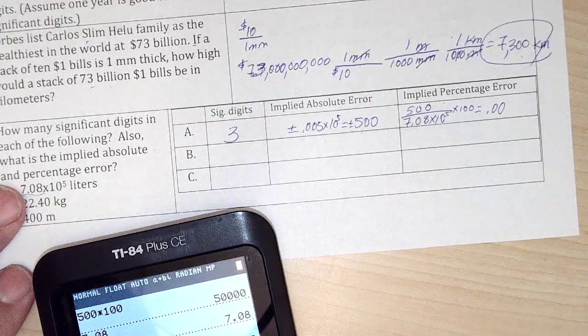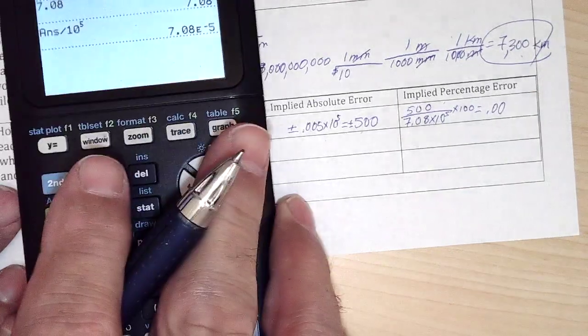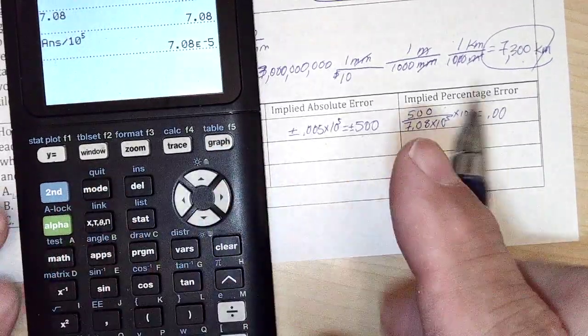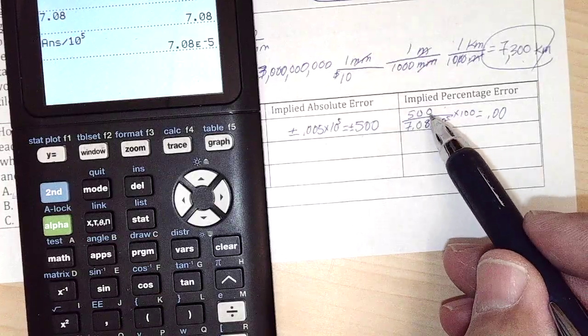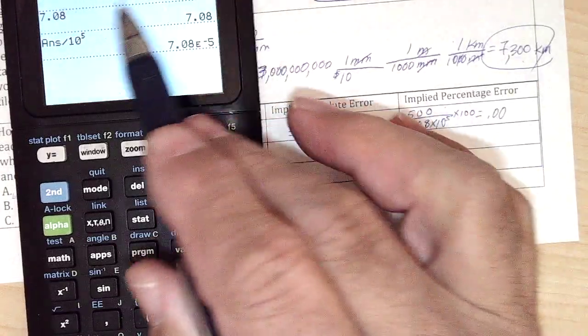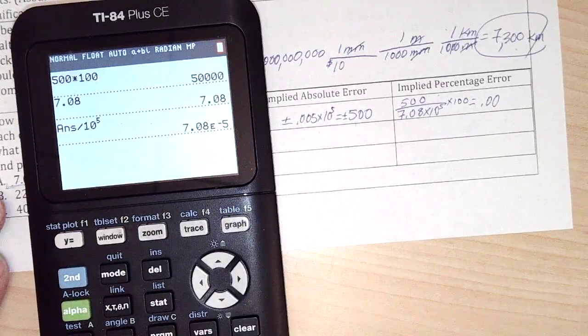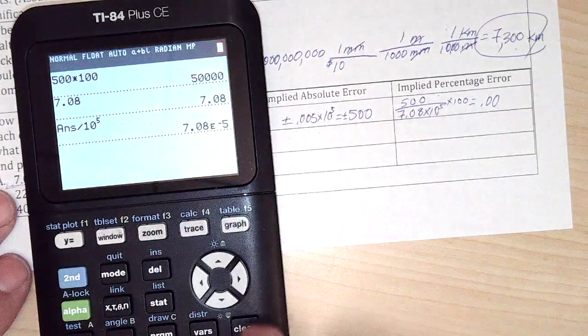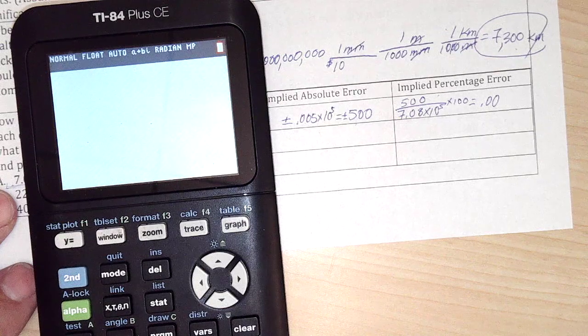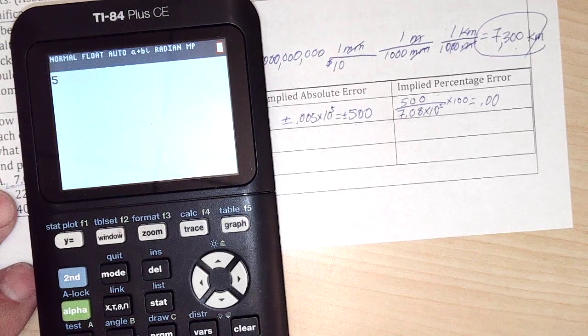What's on here? 500 times 100, 50,000. Oh, I didn't do divided by. That's what's wrong. The number didn't look right. 50,000 divided by 7.08.